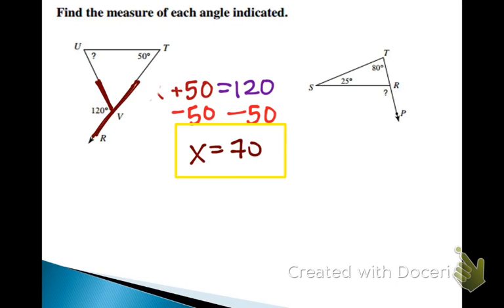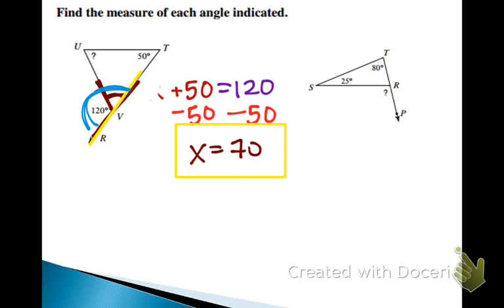Now, I ask this a lot, and we still kind of struggle with this. What is the relationship between 120 and the angle inside of the triangle? What do they form together? And I'll give you a hint with this bright yellow line. They form a straight line, which means a straight line is 180 degrees.